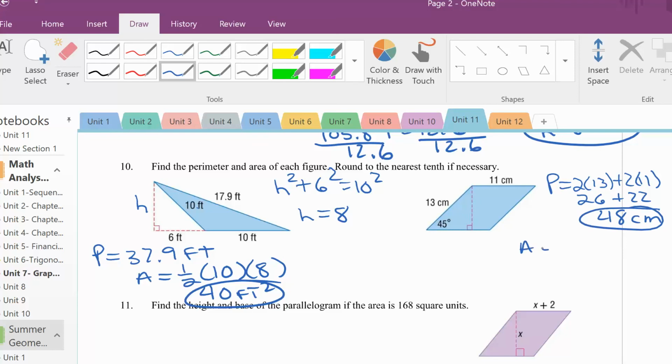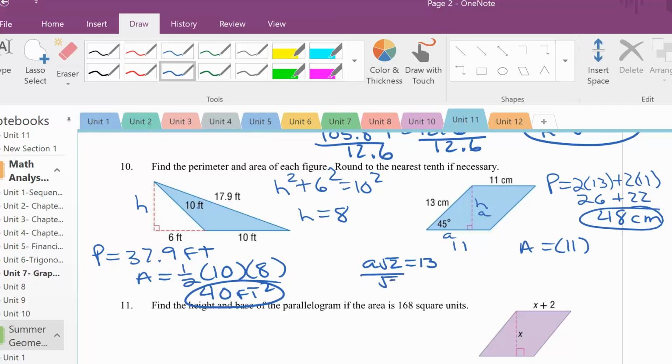The area, well, it's a 45, 45, 90, so we need to find the height because we know the base is 11. So the height, remember, is going to equal the legs here, and the hypotenuse is the square root of 2 times bigger than the leg.